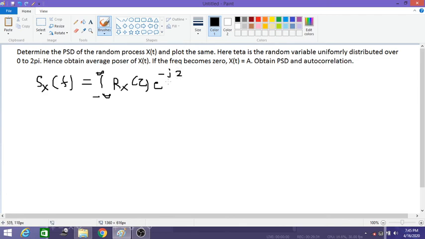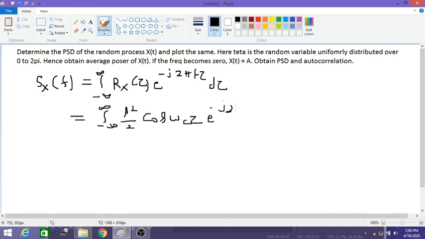Since we have written it in terms of f, it is 2 pi f tau into d tau. So if you substitute this here, minus infinity to plus infinity, that is a square by 2 into cos of omega c tau into e power minus j 2 pi f tau into d tau. Then from the standard Fourier transform, the cos term is nothing but delta of f minus fc.